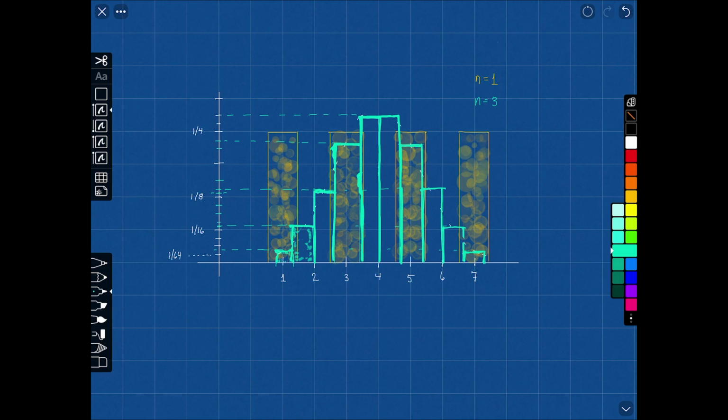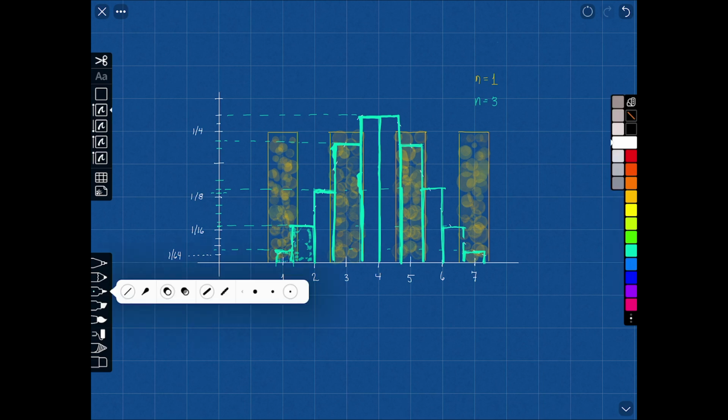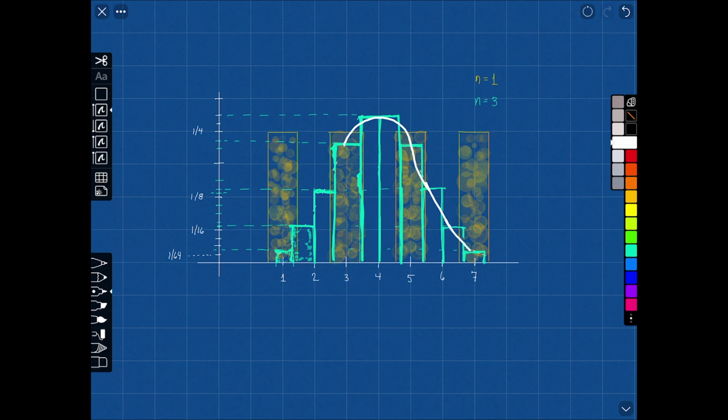And as the size of our samples grows larger, the rectangles get smaller and smaller, and fairly soon, if you have a nice steady hand, you could draw these, and you get a picture. You get a picture that would look like this, if you were to continue this experiment as n gets larger and larger.